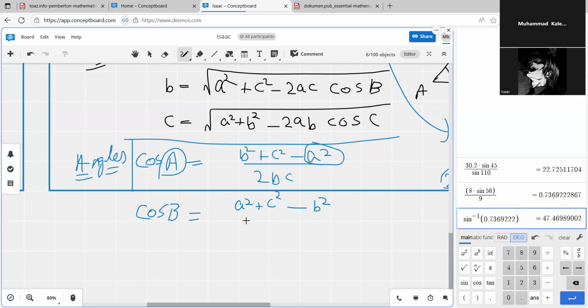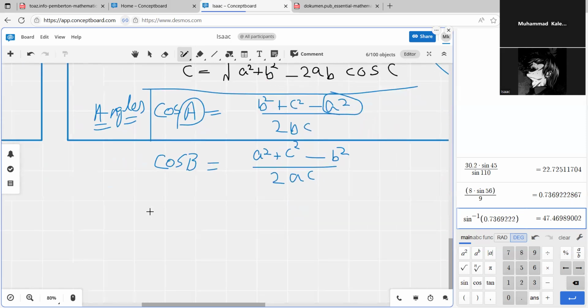That side will be taken away whose angle is required. If angle B is required, take away b square. In the denominator, we have 2ac. Guess the formula for cos C. It'll be cos C equals a squared plus b squared minus c squared over 2ab. Exactly. This is the formula.